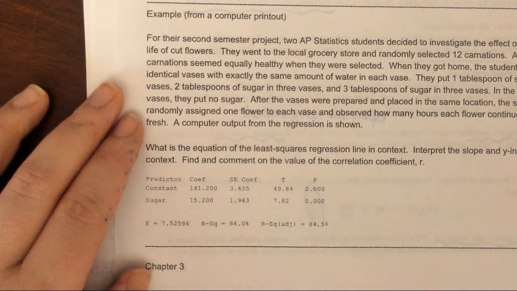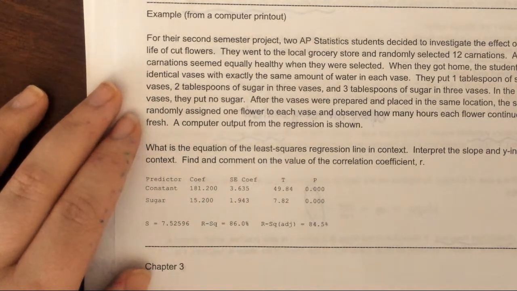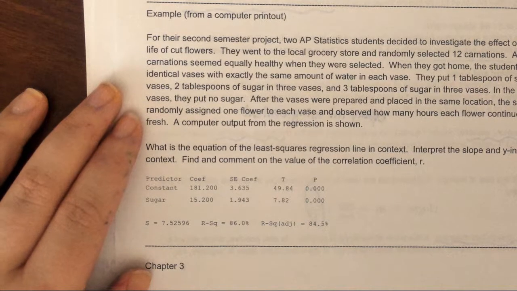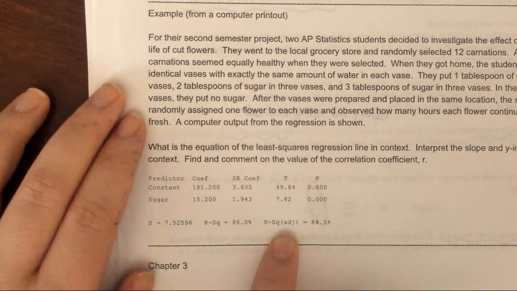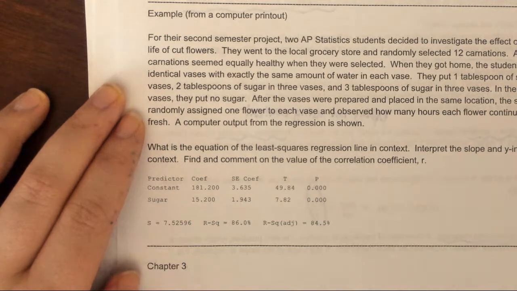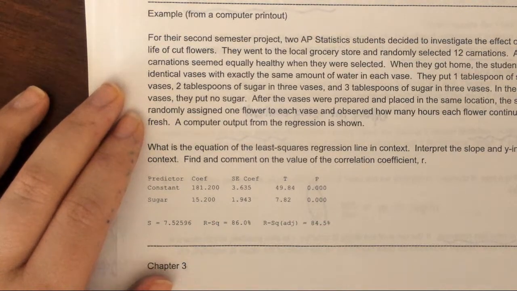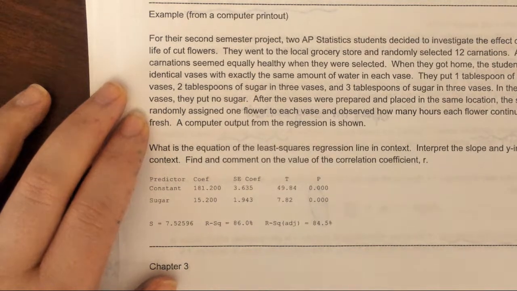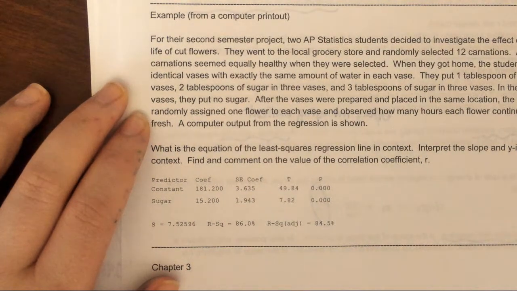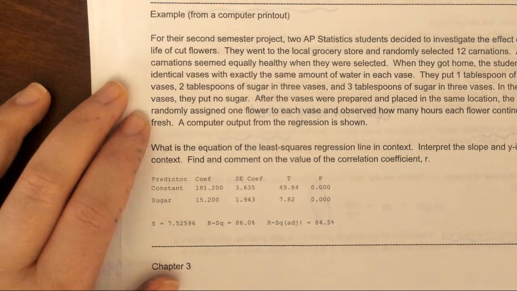What is S? You and I are so used to saying S is standard deviation. But when we're given this, and the next two things are R squared and R squared adjusted, what is S really standing for? What's the thing we just calculated 1,000 times by hand?